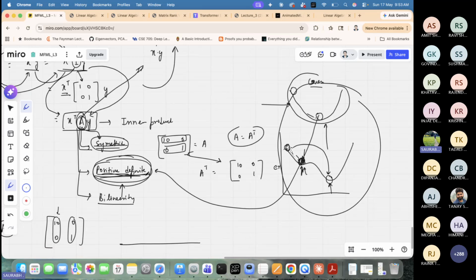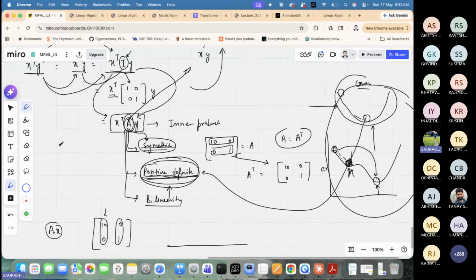Positive definite because whether you take distance from a particular point, distances can never be negative. That's the idea that I wanted to tell you. Third is whether you measure distance from A to B or B to A, it has to be the same thing. It has to be linear. It cannot change because they basically are in the same space.